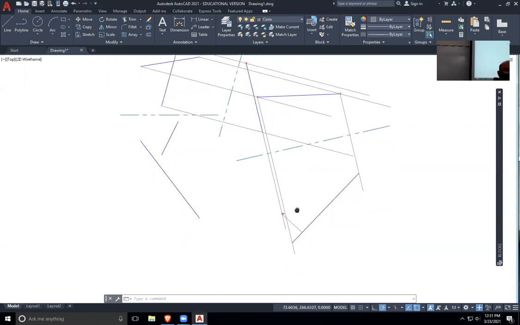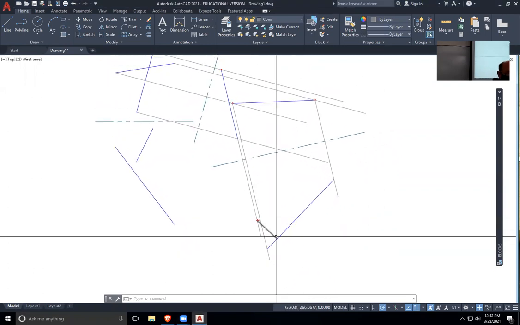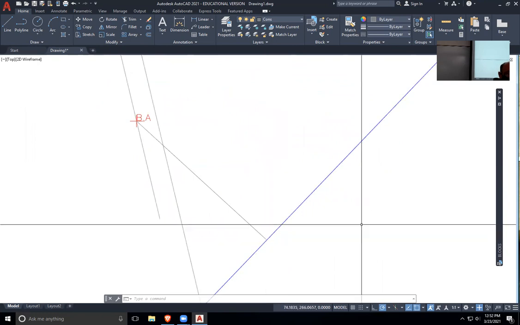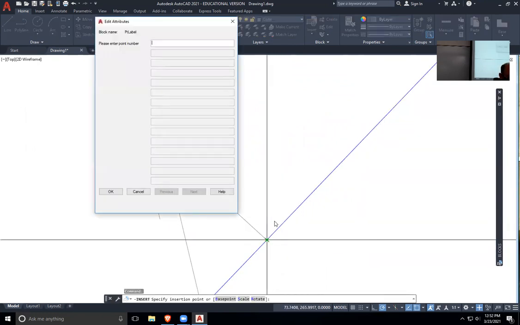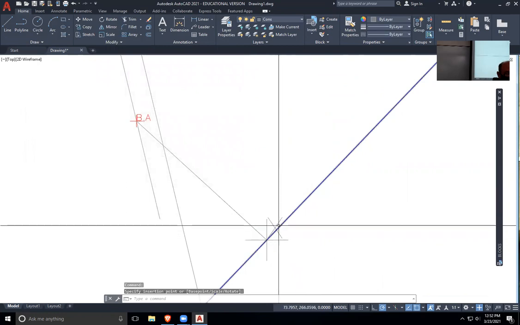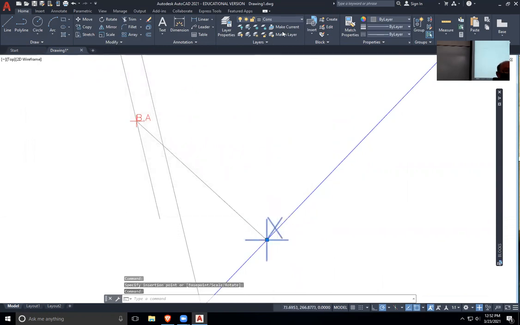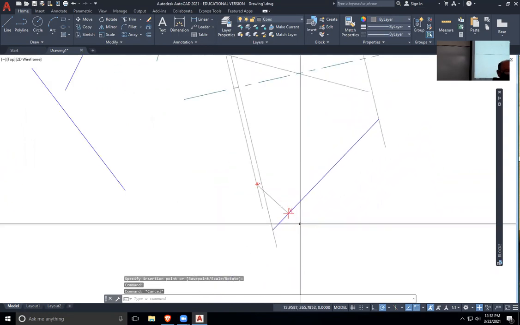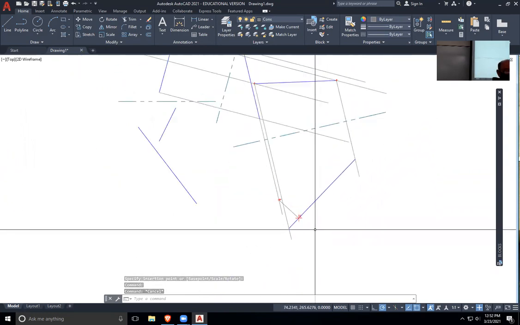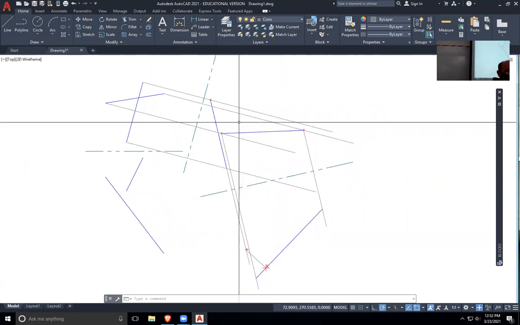Okay, so now we'd like to back up this corner right here. So I'm going to put a point on this intersection and we'll call it X for intersection. So we want to back out that point along these lines, which is fairly easy to do.